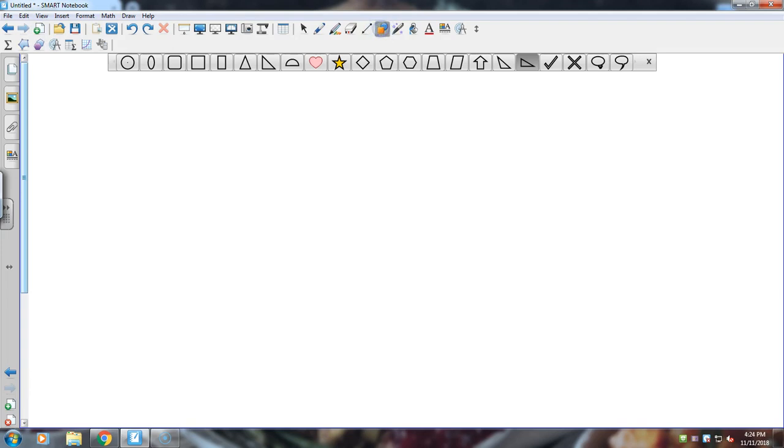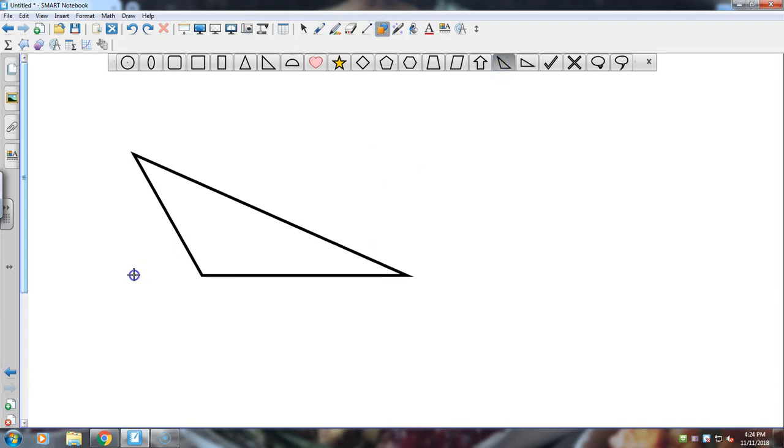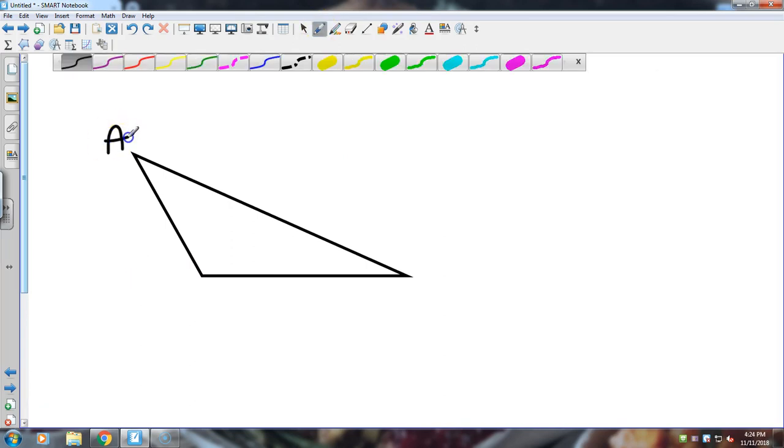Let's say I have a triangle, and that triangle looks like this. And I'm going to call it ABC. And let's say that this side is 18, this side is 12, and this side is 9.